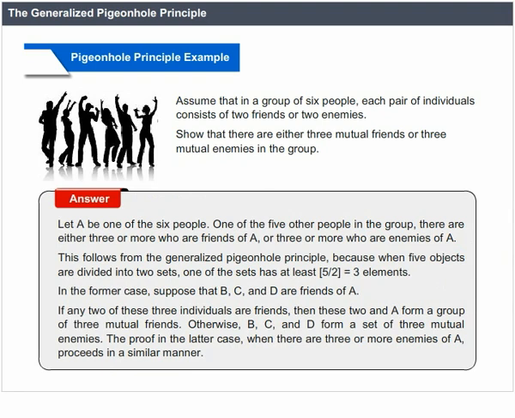In the former case, suppose that B, C, and D are friends of A. If any two of these 3 individuals are friends, then these 2 and A form a group of 3 mutual friends. Otherwise, B, C, and D form a set of 3 mutual enemies. The proof in the latter case, when there are 3 or more enemies of A, proceeds in a similar manner.